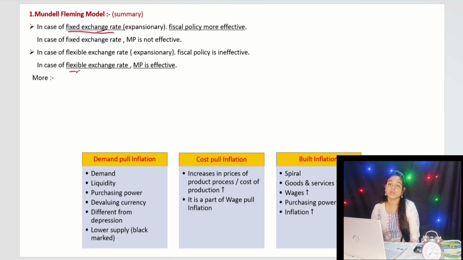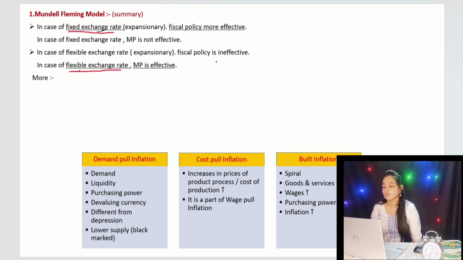The definition: a monetary system where the country's currency is pegged to another country's currency or basket of currencies at a fixed exchange rate is called fixed exchange rate system, and is set by the central bank, whereas the flexible exchange rate system is a monetary system where a country's currency exchange rate is determined by market forces, floating freely without central bank intervention.